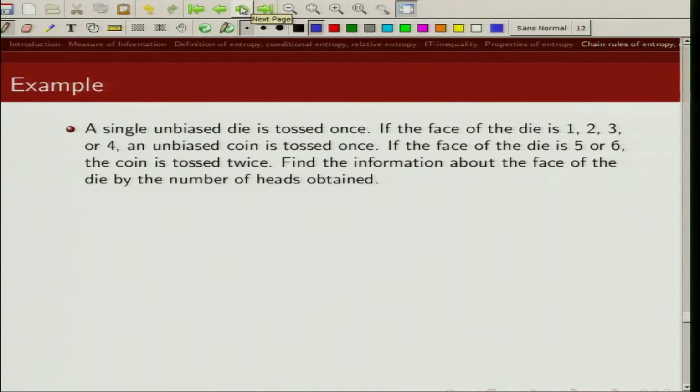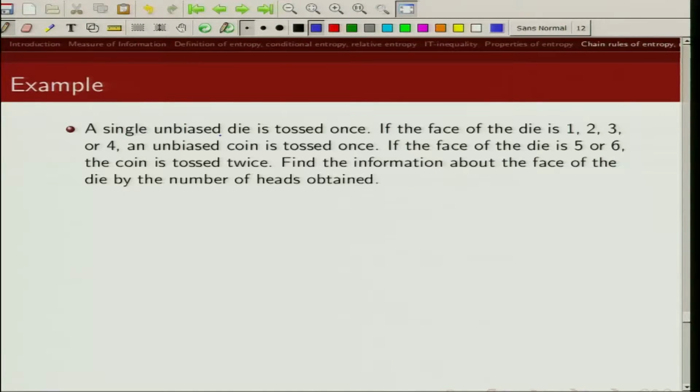Now we'll just conclude with one example to illustrate how to compute mutual information. You have a single unbiased dice which is tossed. So this is a dice, which has numbers from 1 to 6. Now if the face of the dice is 1, 2, 3 or 4, you are tossing an unbiased coin.